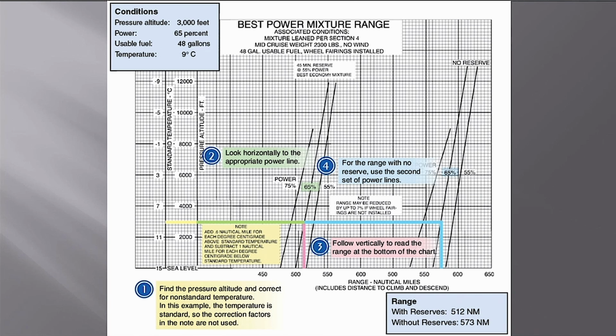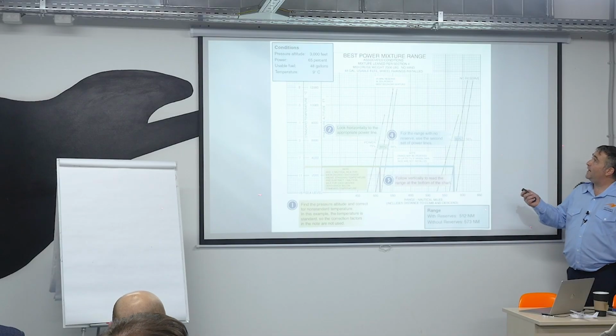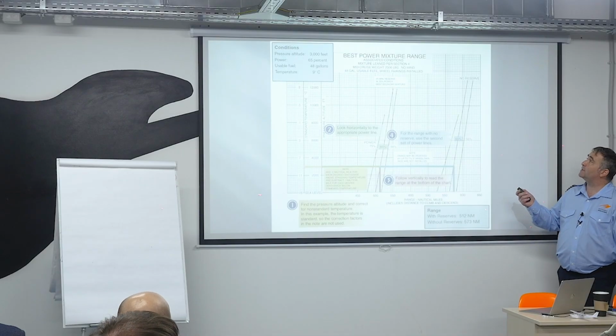So I'm not going to try to find out with a flight computer how long I can fly in this airplane. Because if I'm making these calculations, I'm not adjusting for how long it takes for me to climb, anything else, right? What my mixture requirements are for takeoff and climb. This has associated conditions. Mixture is leaned per section 4.